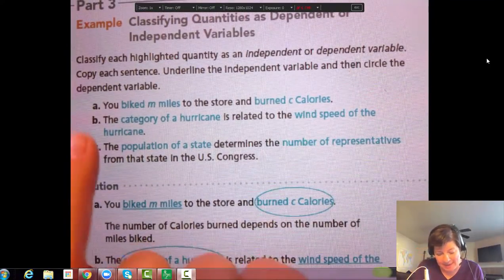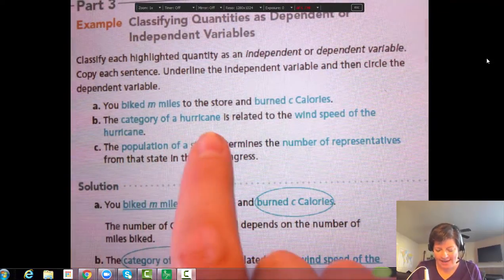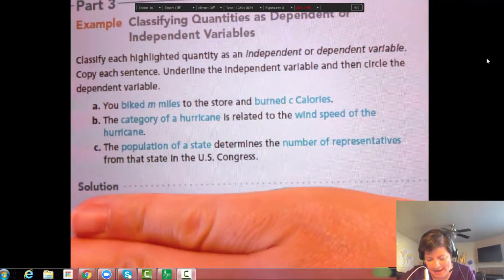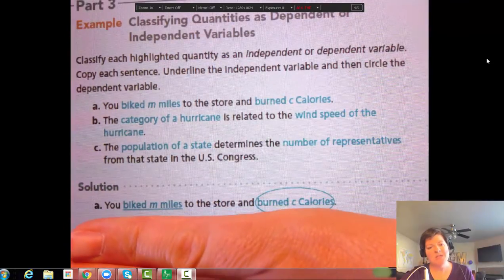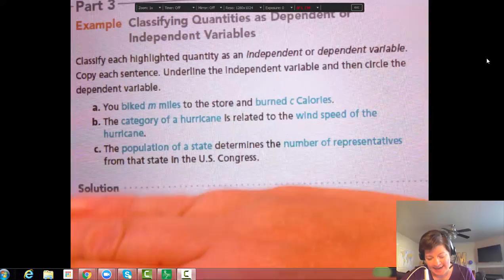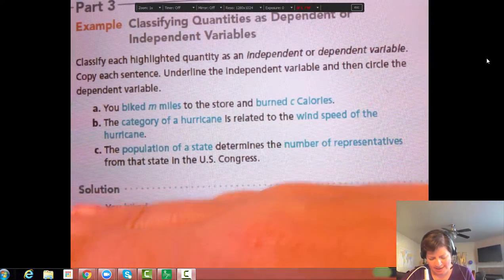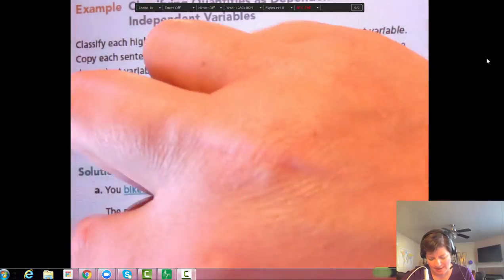So I just did A, so let's look at B here, the second question. The category of a hurricane is related to the wind speed of the hurricane. So which one is dependent upon the other?